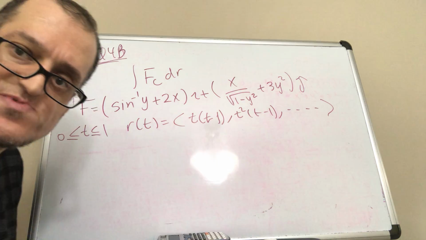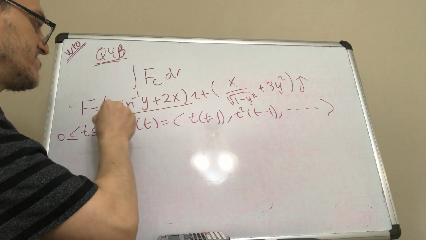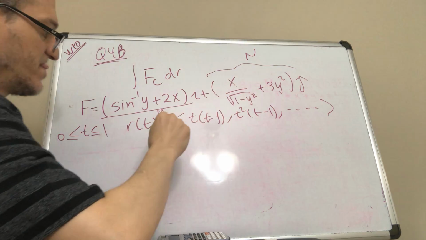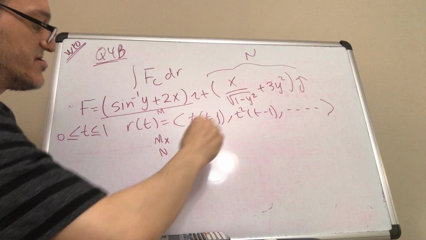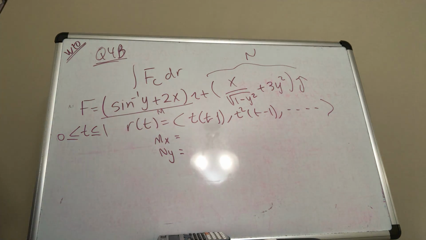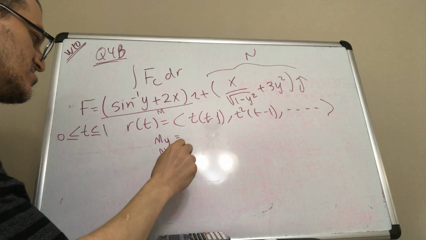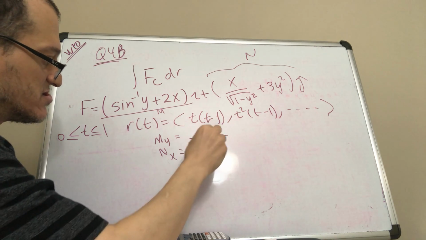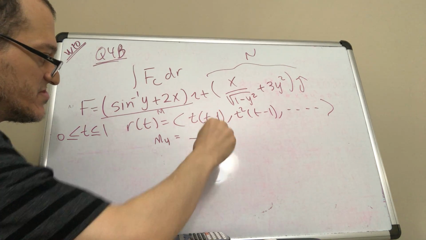So similar to the previous question, we see if it's conservative or not. The one with the i, we call M. This one we call N. We find the derivative of M with respect to y, and the derivative of N with respect to x. The derivative of sine inverse, as you know, is 1 over the square root of 1 minus the inside squared, times the derivative of the inside.